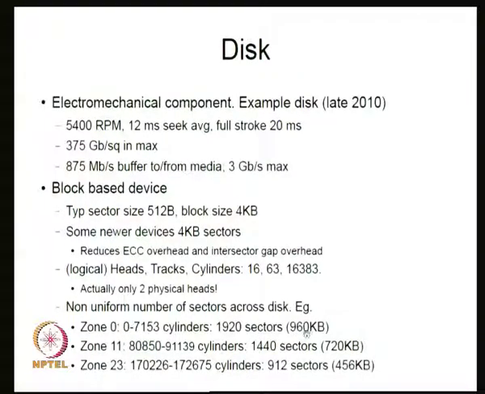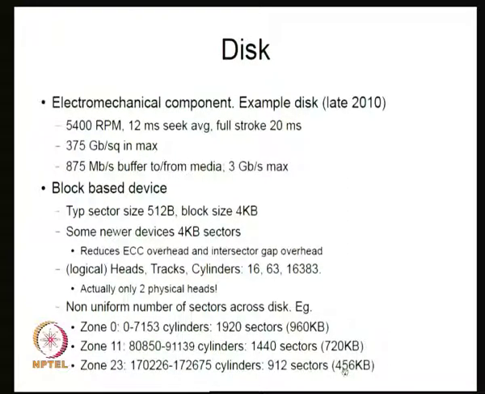Essentially, you have almost a megabyte on each track on the outermost. But if you go in between, you will find that it reduces, it is going to be 720 kilobytes. And once you come to the innermost zone, you will find that it has got 912 sectors, only about half a megabyte.